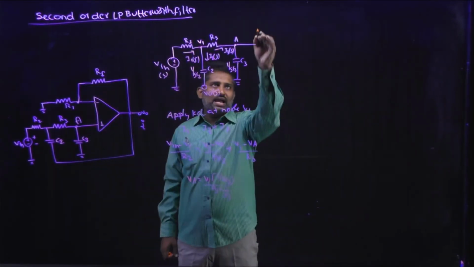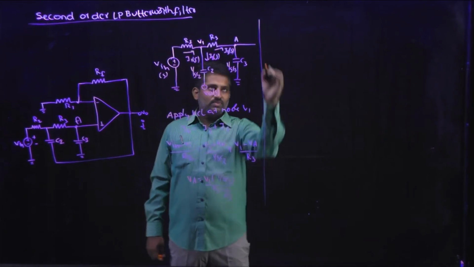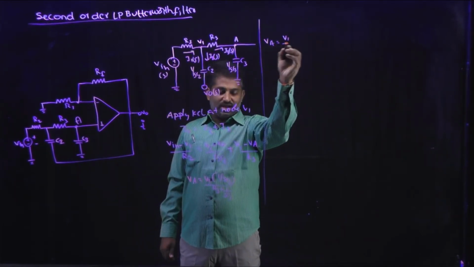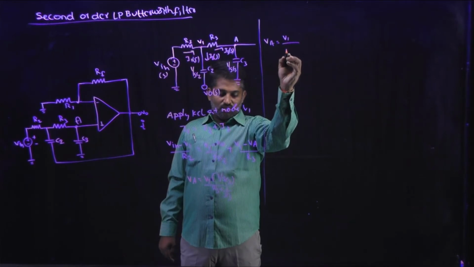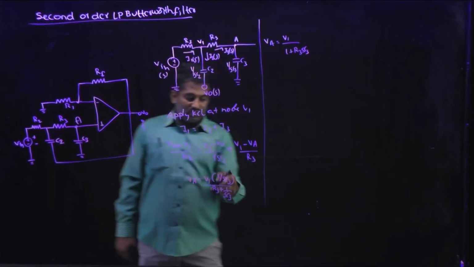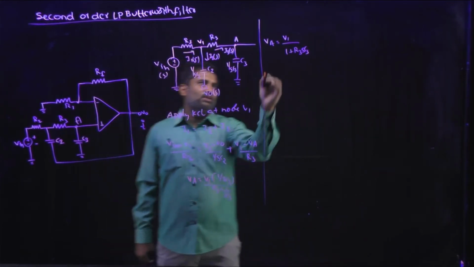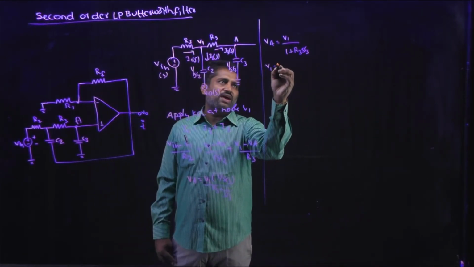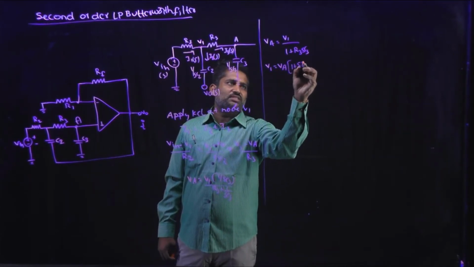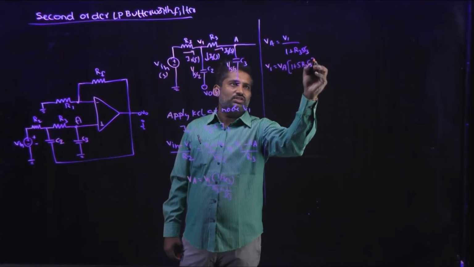Now we can calculate it as VA equal to V1 divided by (1 plus S R3 C3). From this we can easily write the value of V1: V1 is equal to VA into (1 plus S R3 C3).